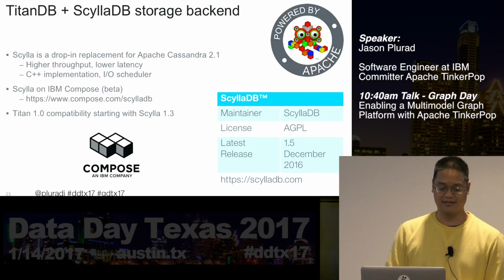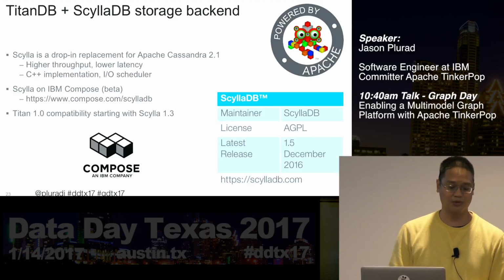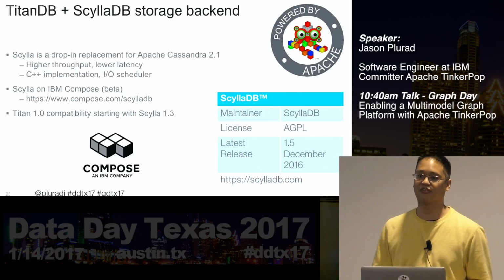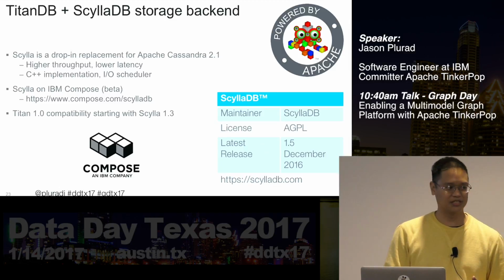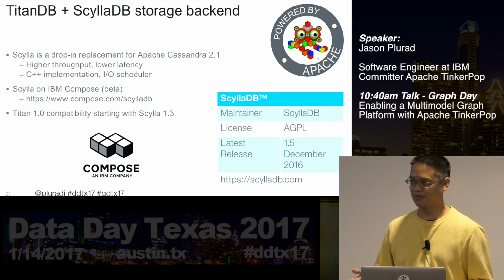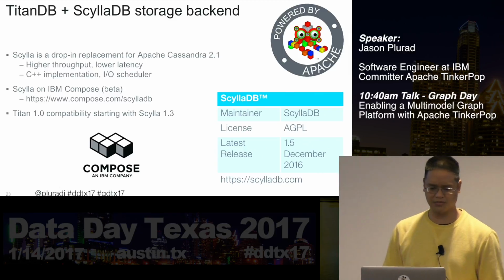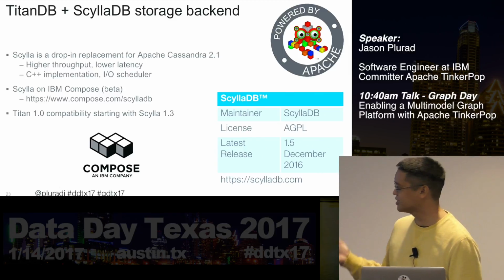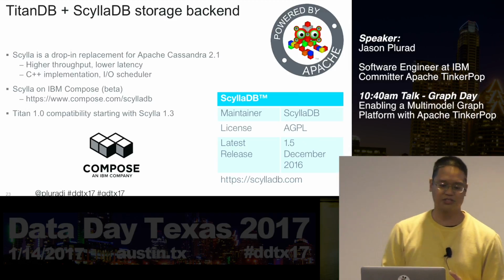And in my company, IBM, we have many offerings of NoSQL databases as a service if you don't want to stand it up by yourself and not worry about those types of deployments. So we're offering Scylla as a hosted database offering on IBM Compose.